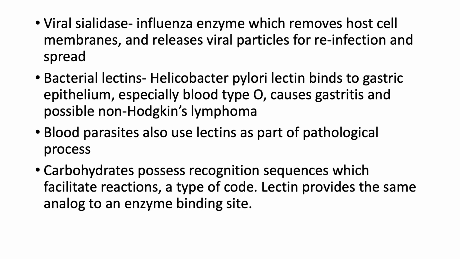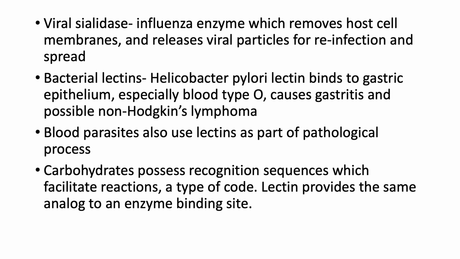Intermediate forms have a lymphocyte increase or proliferation, which predates the lymphoma. That's a different stage of this process. And blood parasites also use lectins as part of their pathologic process.